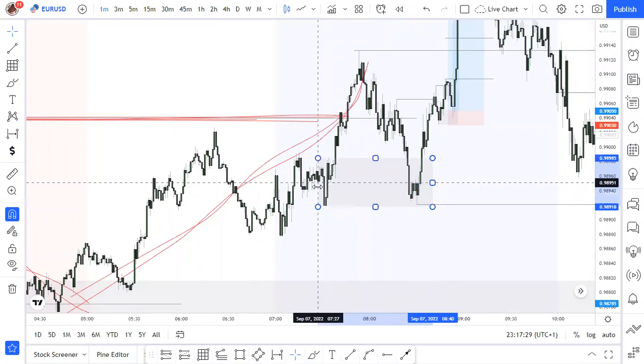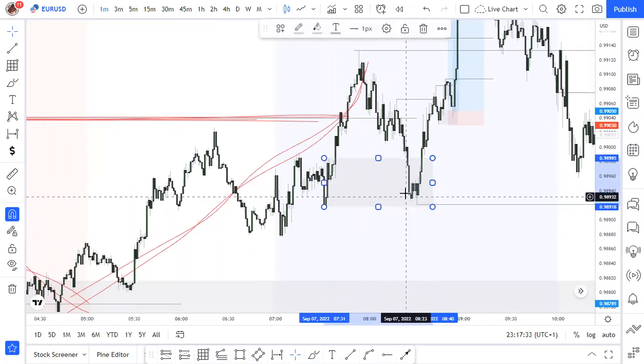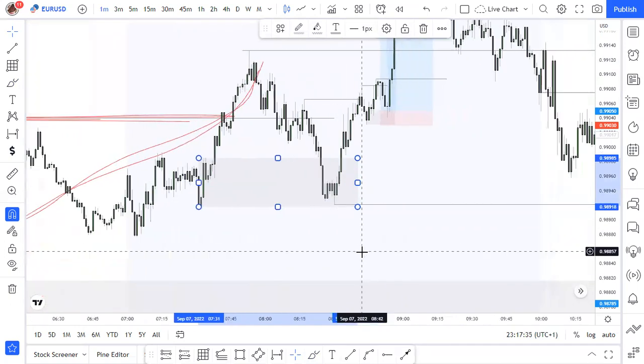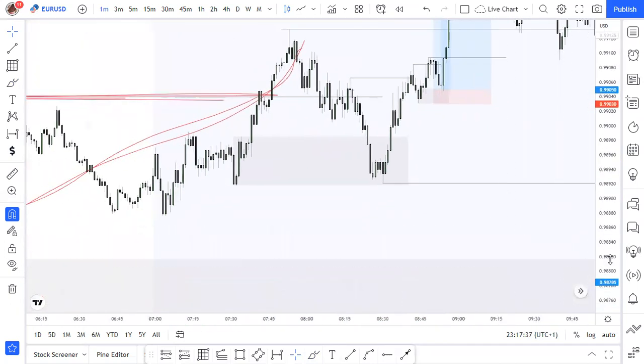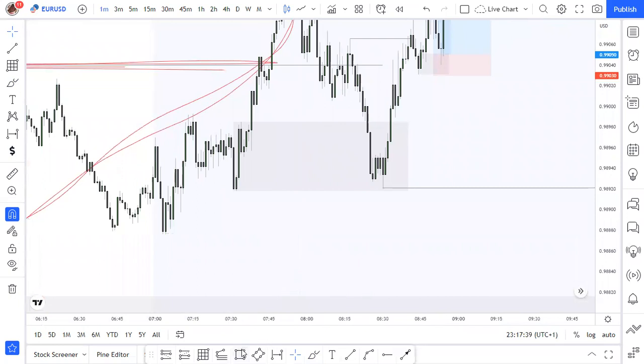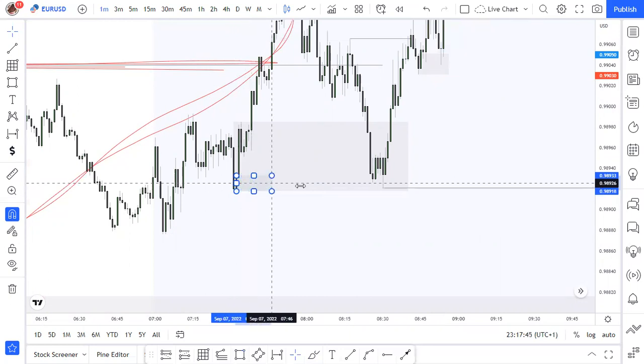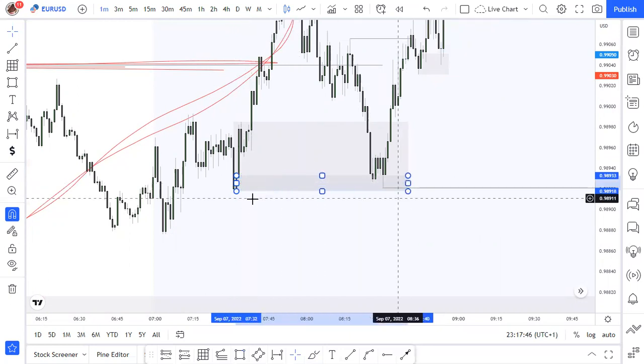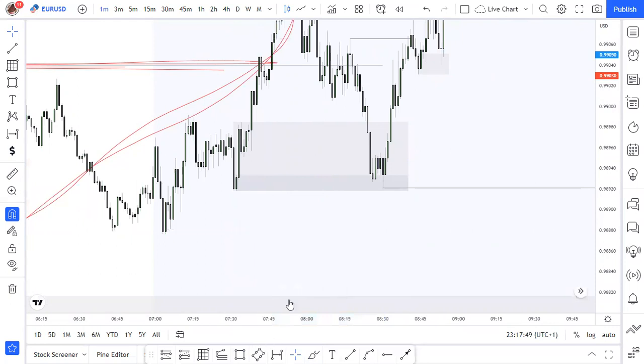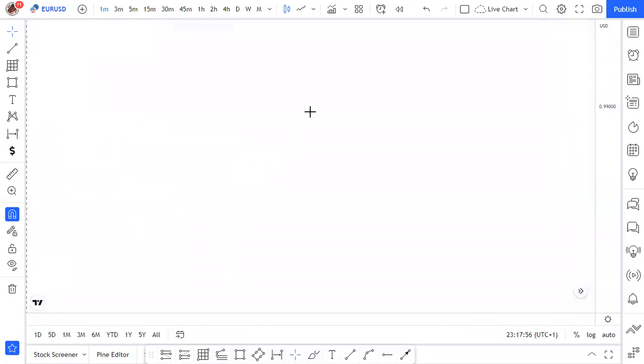The main thing was, I wasn't trying to set a limit off of this zone, or say that this is some kind of extreme demand. I didn't really want to start doing stuff like that.